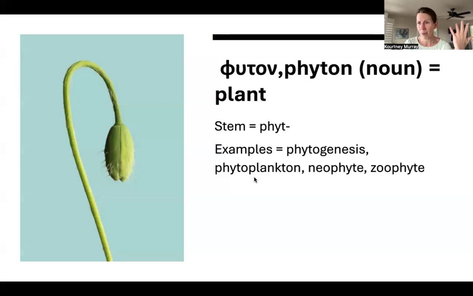So plant plankton. The one word I do know is neophyte, which just means a new person. If you start at a new job or in a new field, you'll be a neophyte, a new plant, until you grow and become bitter and old. And then a zoophyte is like an invertebrate animal. It's not a plant, but it looks like a plant. So I'm sure PHYT pops up all the time in science stuff, and when you see it, you'll know what it means.